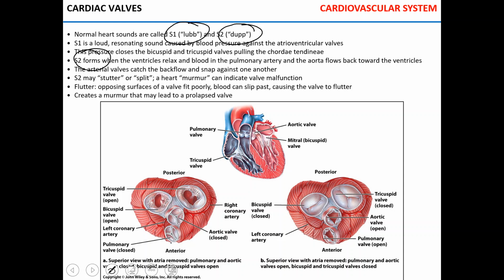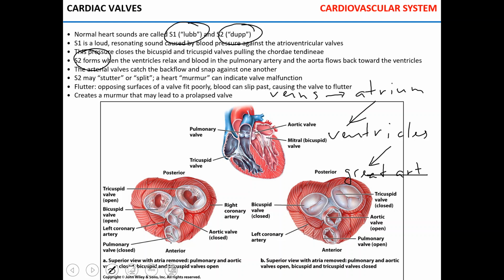The function of all the valves in the heart is to establish the proper blood flow through the heart, which would be veins, either vena cava or pulmonary veins, then atrium, then ventricles, and then great arteries.